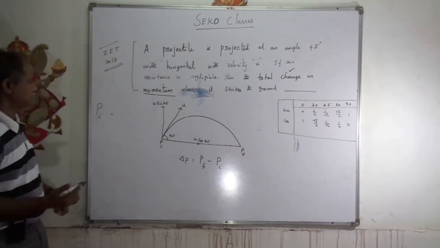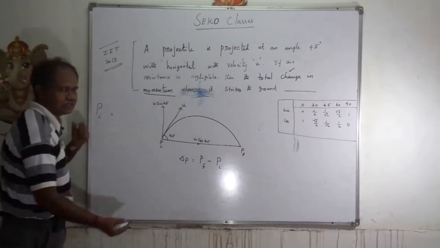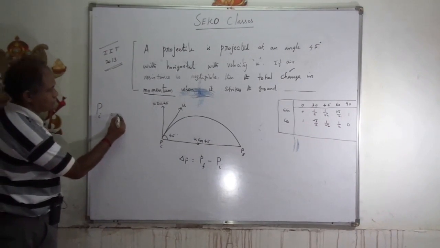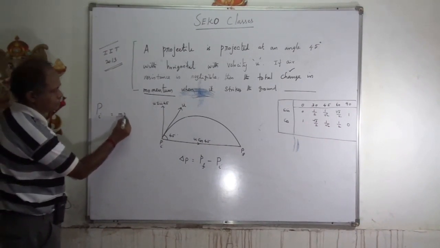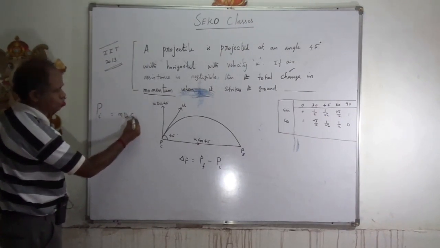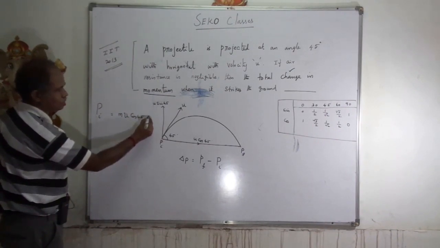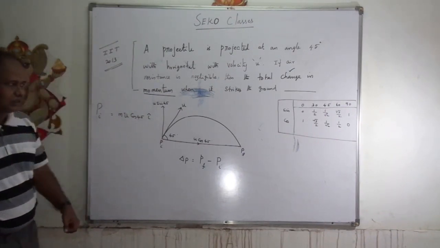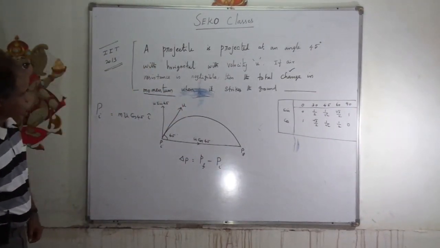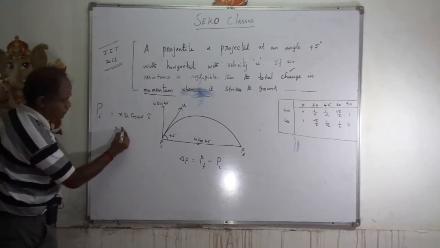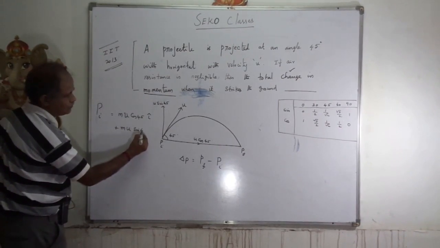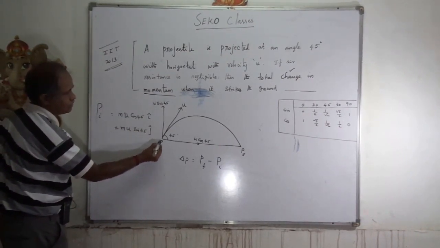Then momentum can be written as mass into velocity. For the x component, mass times velocity u cos 45 times the unit vector i cap, since this is moving along the x-axis, plus mass times velocity u sin 45 times j cap along the y-axis.